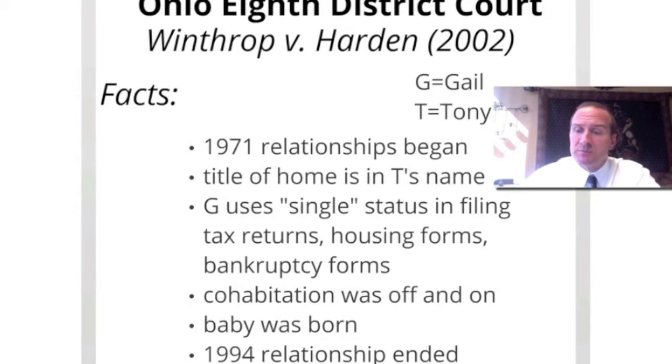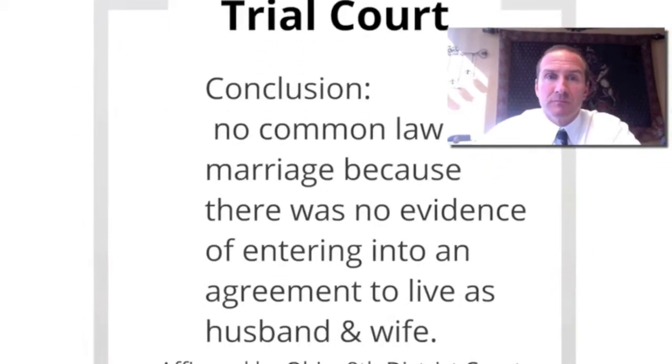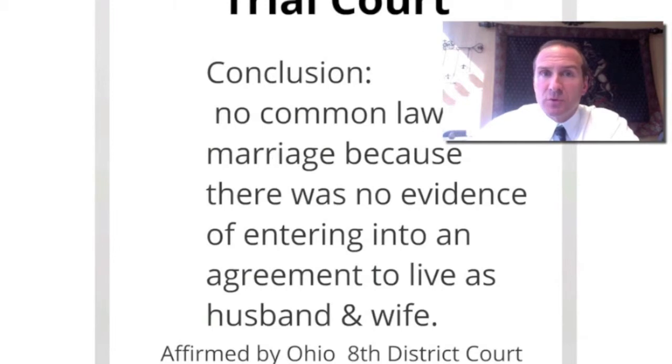The question becomes, is it one that is a common law marriage that would be subject to, for divorce purposes, dividing up assets? The trial court, after hearing this evidence, concluded there was no common law marriage because there was no evidence of entering into an agreement to live as husband and wife.